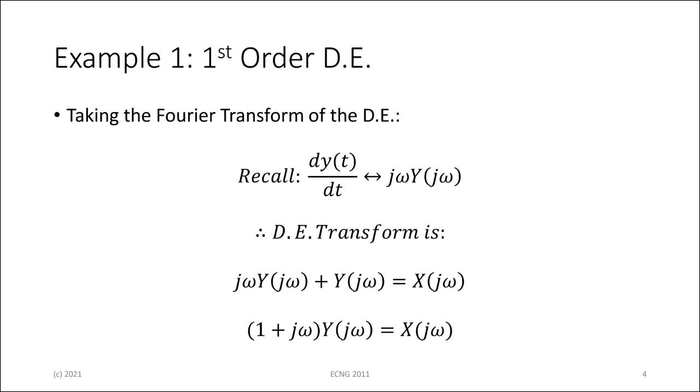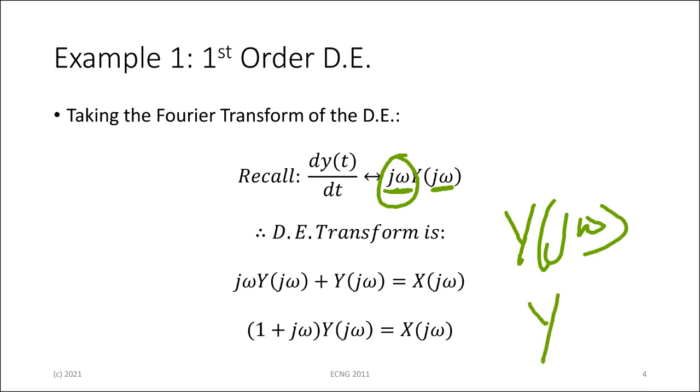So if you remember dy/dt, if you take the Fourier transform, you get j omega Y of j omega, right? This is why I said to always get in the habit of writing it as Y of j omega instead of what some books tend to do, right?